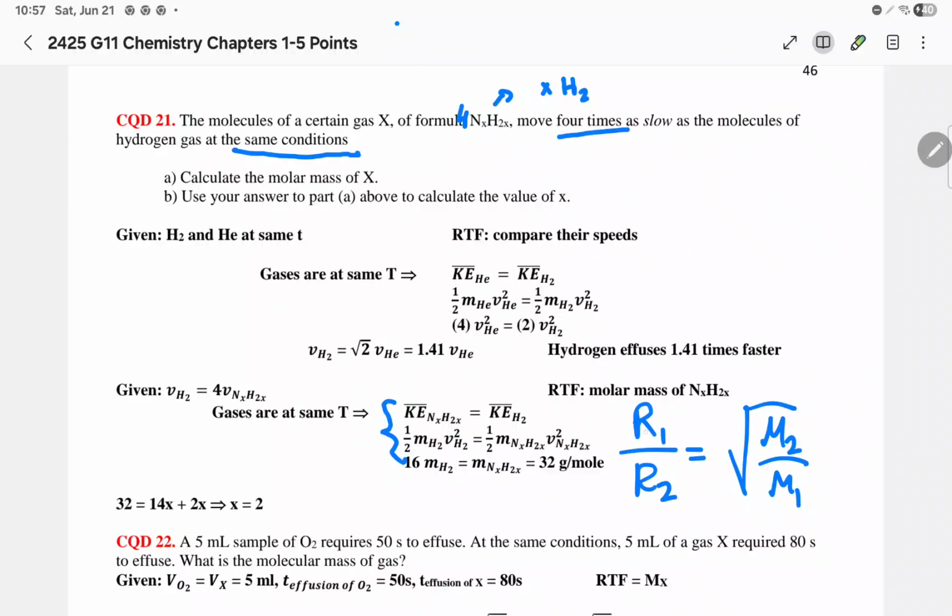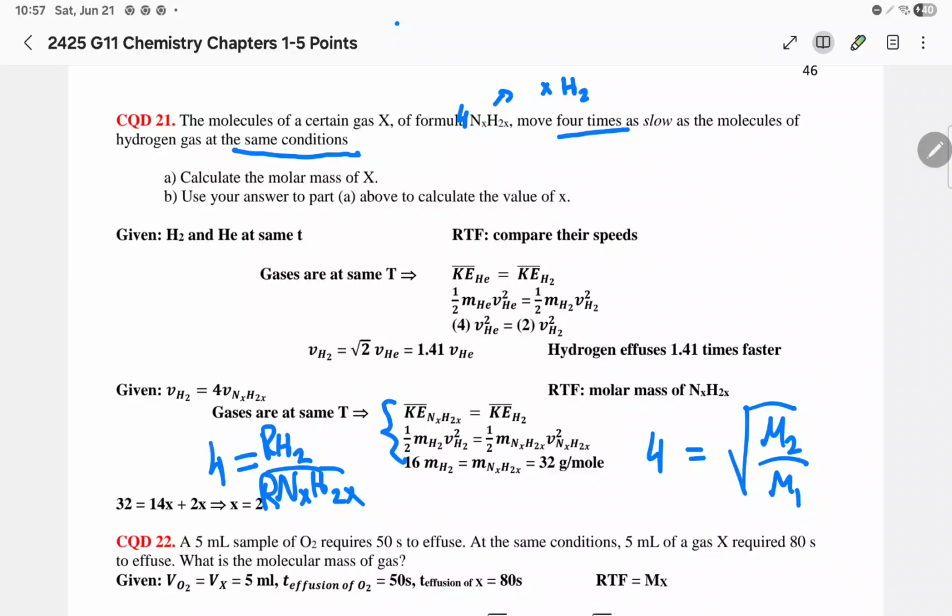So we know that the rate is 4 times faster. So we know that H2 over H2X is equal to 4. That's the rate. The rate is 4 because we know it's 4 times faster.